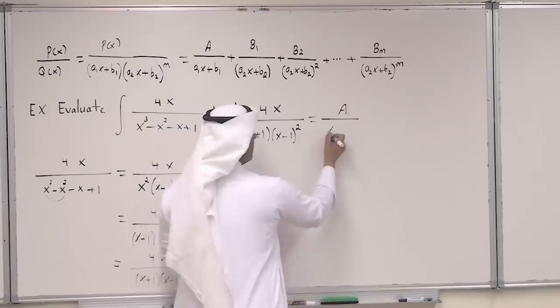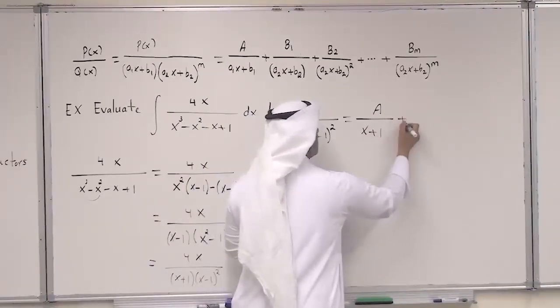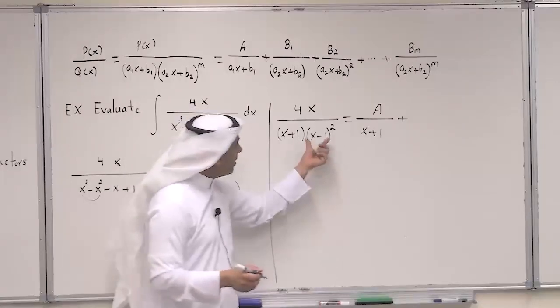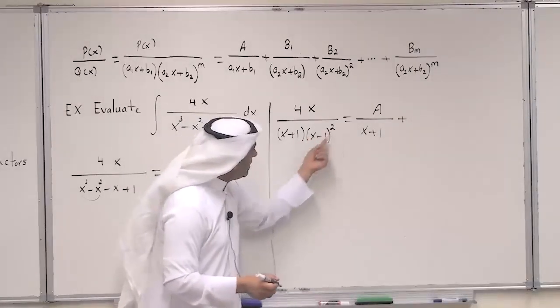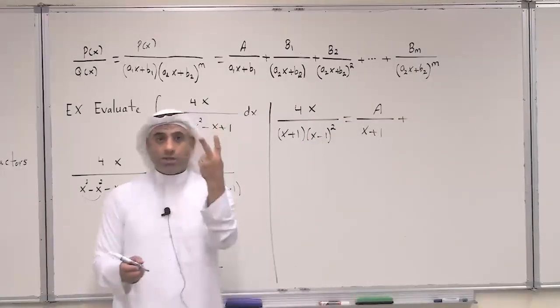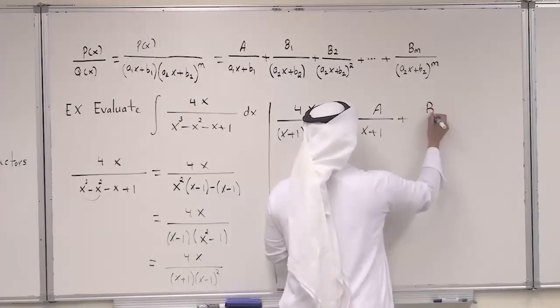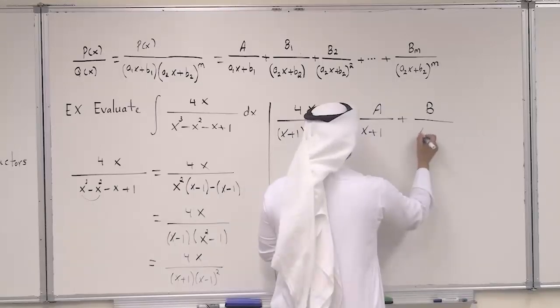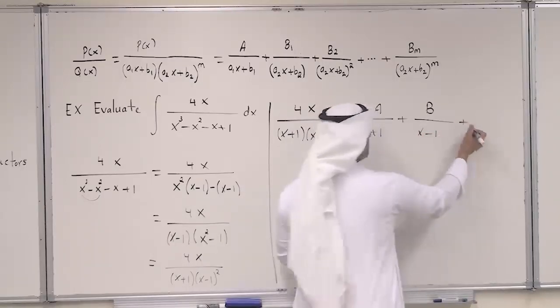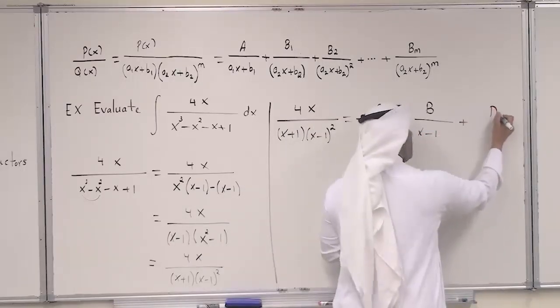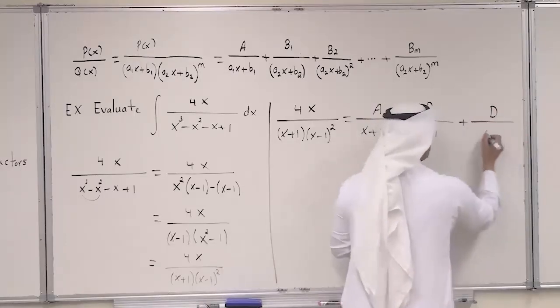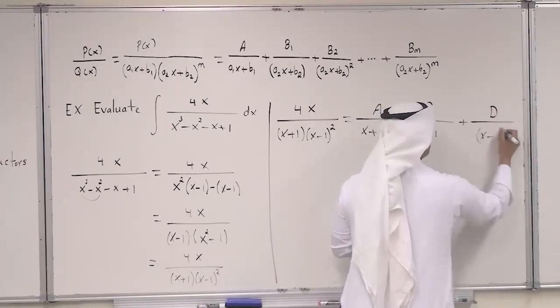So it is a over x plus 1 plus, for the second factor, which has multiplicity equal to 2, I need two constants. So I may call them b divided by x minus 1, and plus another constant, I call it d, for example, divided by x minus 1 all squared.